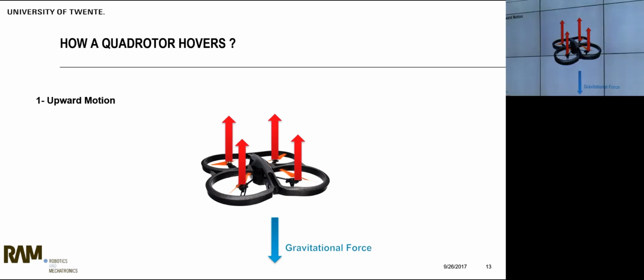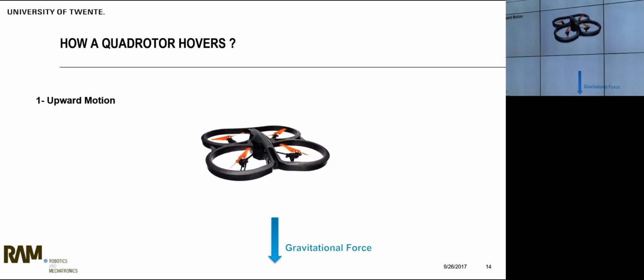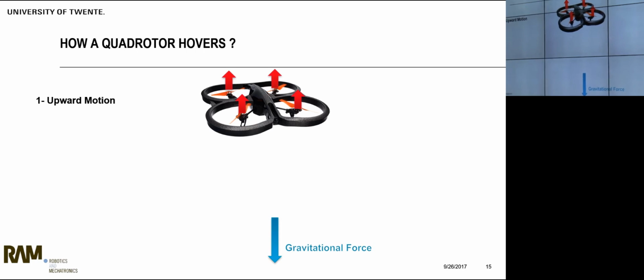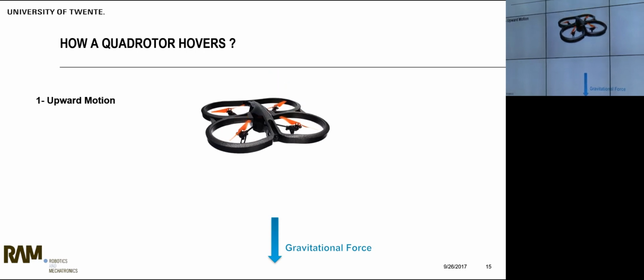So if you increase the speed of the motors to produce a thrust force higher than the gravitational force, the quadrotor will start going up. If you decrease the speed of the motors such that the thrust force is less than the gravitational force, the quadrotor moves down, like this.